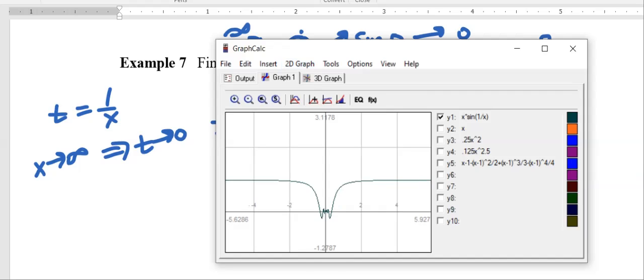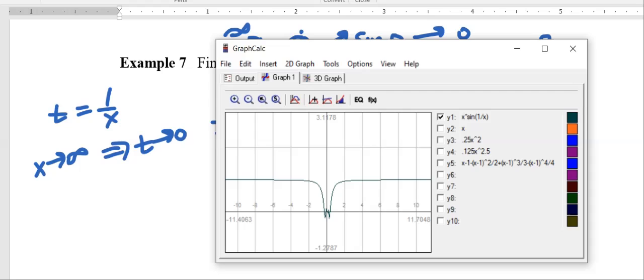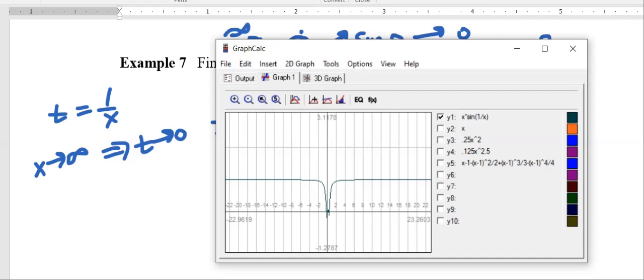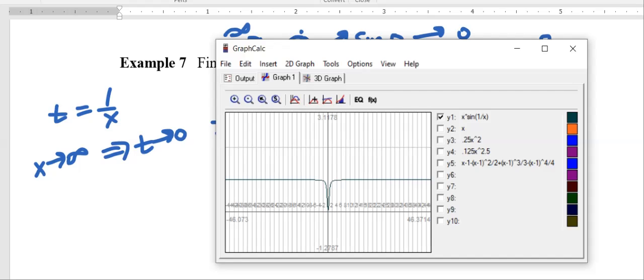I guess the shortcut is F10. We can do that, F10, there it is. Another one, another one, another one. You can see it doesn't take a very large x for this to happen, where it is leveling off at height of 1.